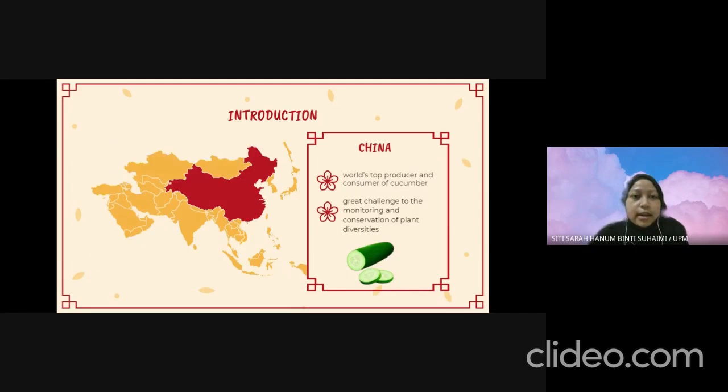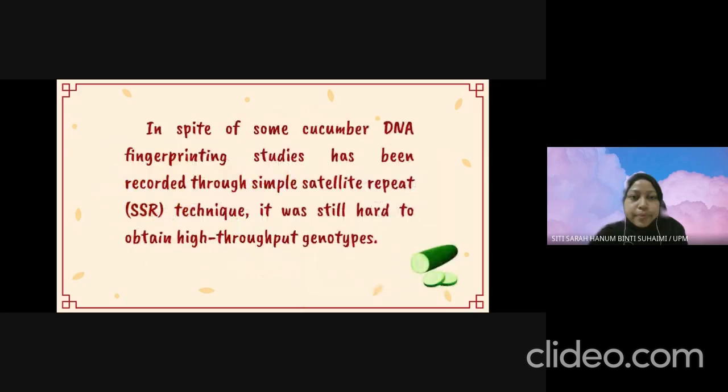China is the world's top producer and consumer of cucumber, cultivating more than 1.24 million hectares. But the rising number of commercial cucumber varieties every year poses a great challenge to the monitoring and conservation of plant diversity in China.